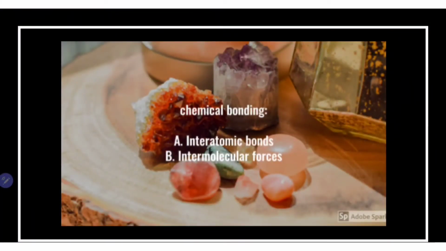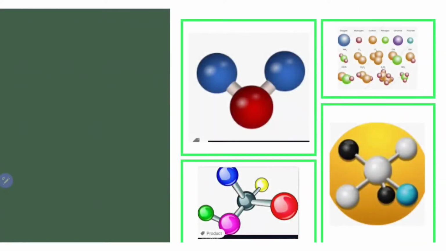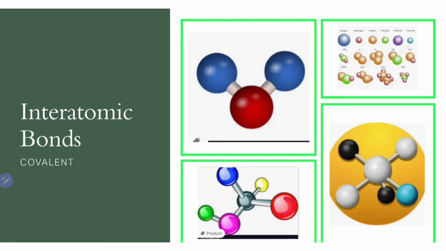Once again, we review chemical bonding. There are 2 types. First, interatomic bond, and the second is intermolecular forces. Interatomic bond, right now is covalent.